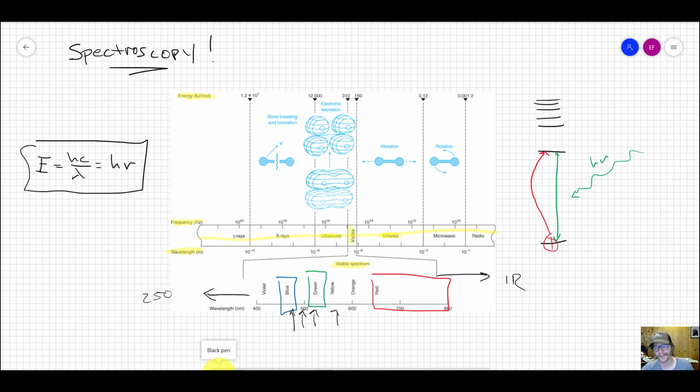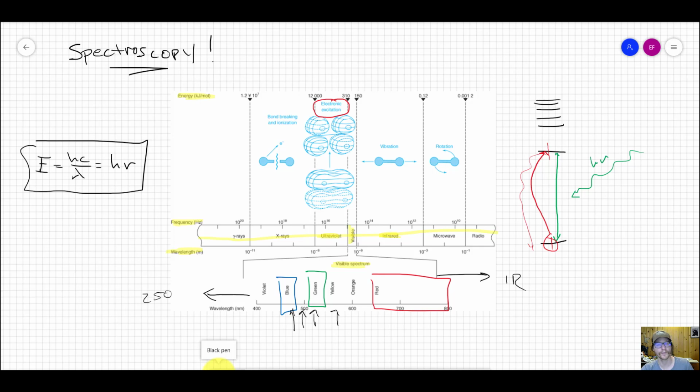An electronic transition means you're taking an electron and moving it up to an excited electronic state. It's moving the electron up here, and then it's going to fall back down eventually. The way that it falls back down is not important right now, but it will because energy is conserved. That process is called electronic excitation, and that's what gives rise to color.